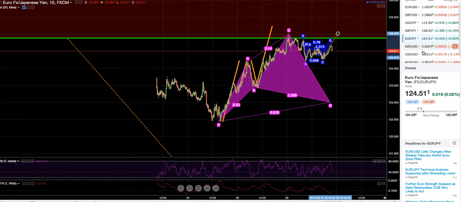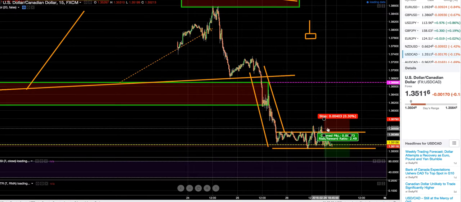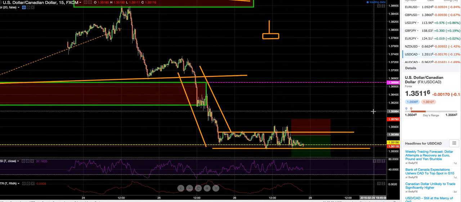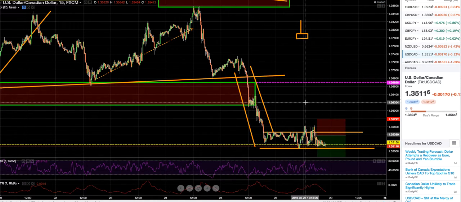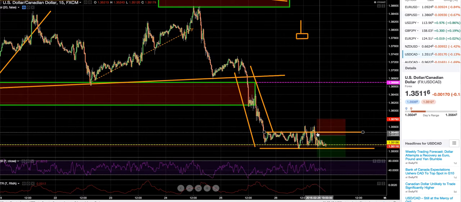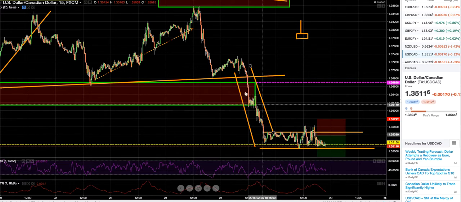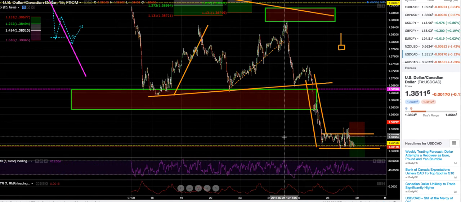The last thing is Aussie CAD, and I am short the Aussie CAD. Basically, my thought process is we have this flag pattern in expectance, and I'm going to tell you my reasoning for entering. My reasoning is this strong downwards moving market, right?